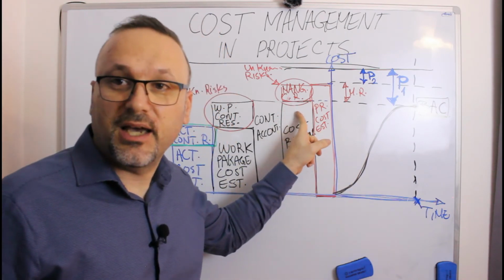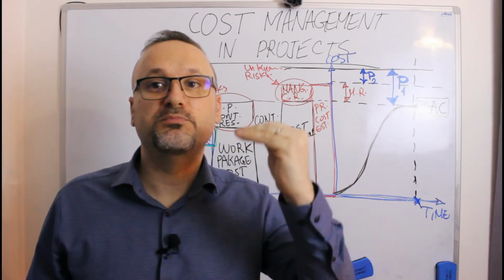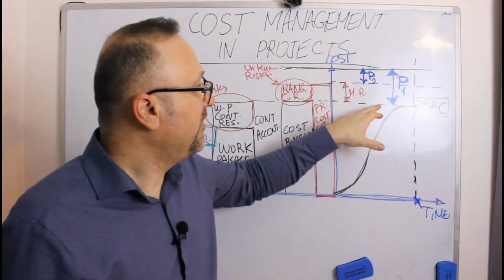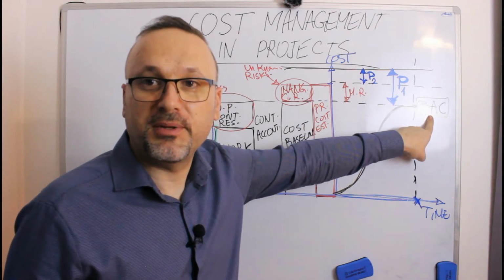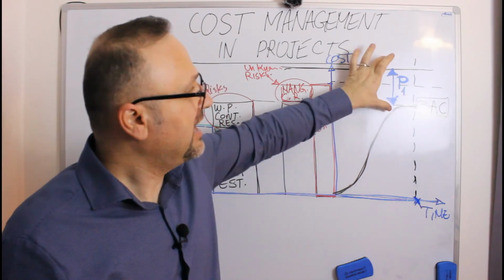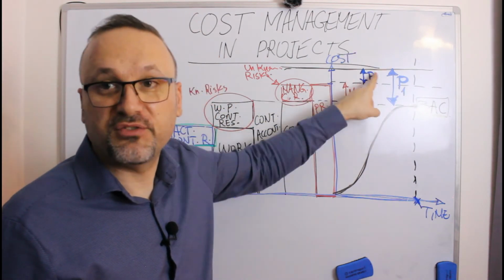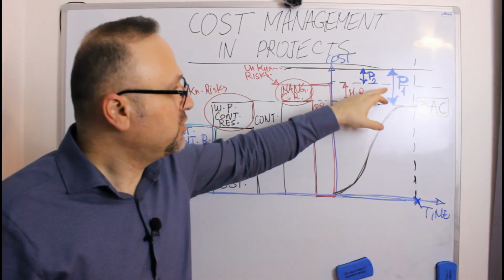You make an internal change order and you change the cost baseline from baseline 1 to baseline 2. Then you set your budget at completion from budget at completion baseline 1 to budget at completion baseline 2, and you are changing your profit from P1 to P2 or somewhere in between.